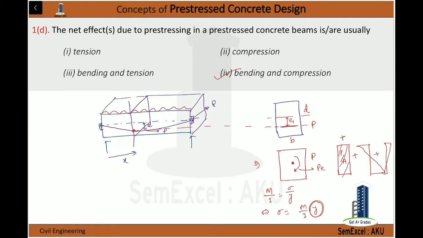And second, compression: yes, we want compression, but at the same time if the pre-stressing cable is not at the centroid location, then we have compression as well as bending stress. The third option is bending and tension. Yes, sometimes we have tension, but the net effect is not the tension. The net effect is bending and compression. So option 4 is the correct option.